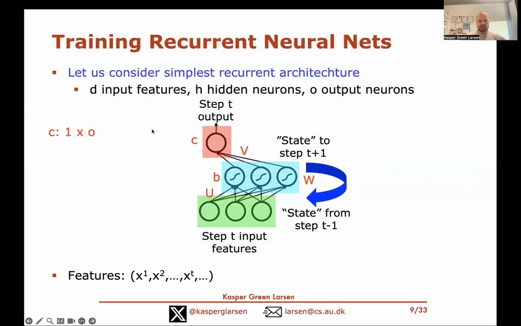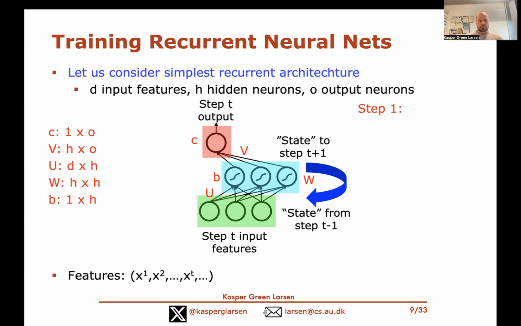Then the bias vector for the output is just a 1 by O row vector, as we're used to. V is the matrix that you use to get from the outputs of the hidden neurons to the output, so it's an H by O matrix. The input to hidden weight matrix is D by H. The hidden to hidden weight matrix is an H by H matrix. Finally, the bias for the hidden neurons is a 1 by H vector.